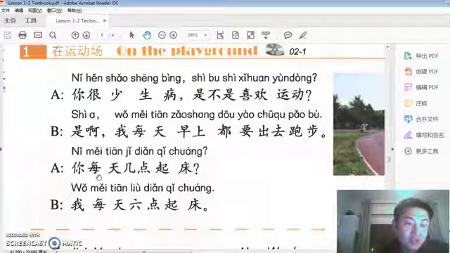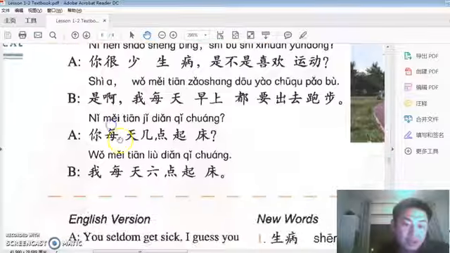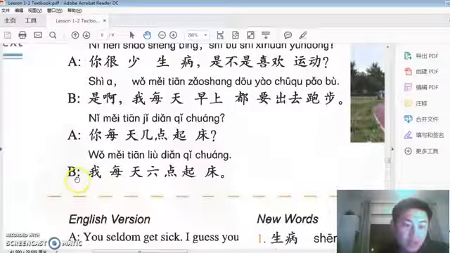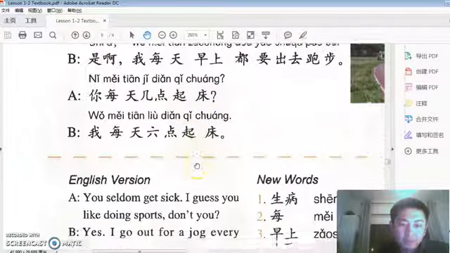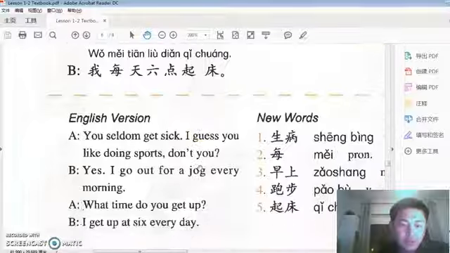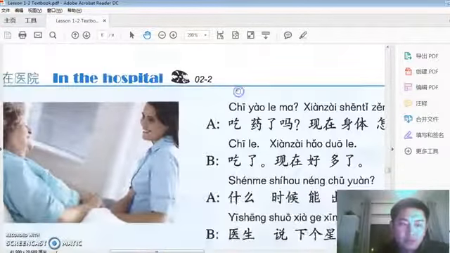So that's what it means in here. 每天几点起床？ And B says 我每天6点起床. Time before action, same here. And get up 6 o'clock every day. Okay, so that's conversation 1.